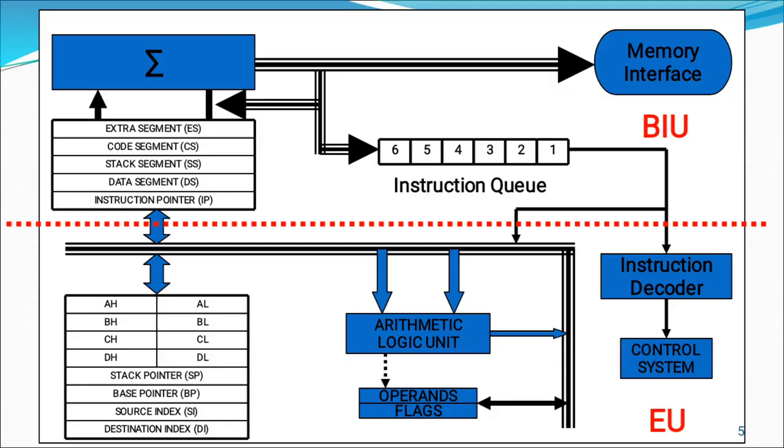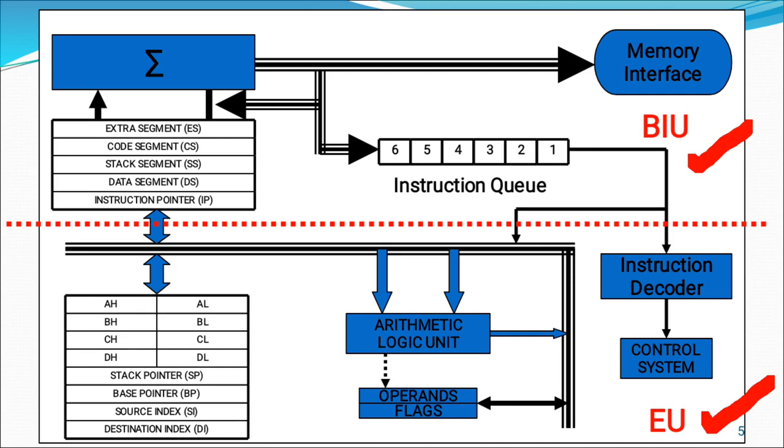So this is the general architecture of the 8086 microprocessor. It is split into two units: BIU, which stands for bus interfacing unit, and EU, which stands for execution unit.